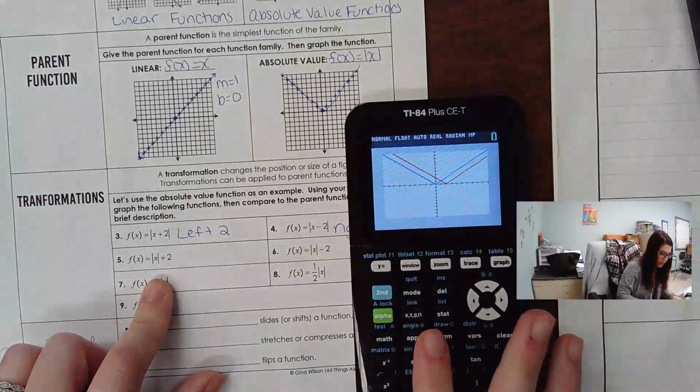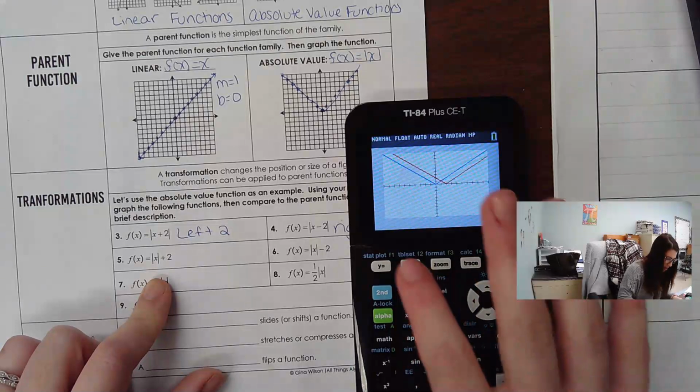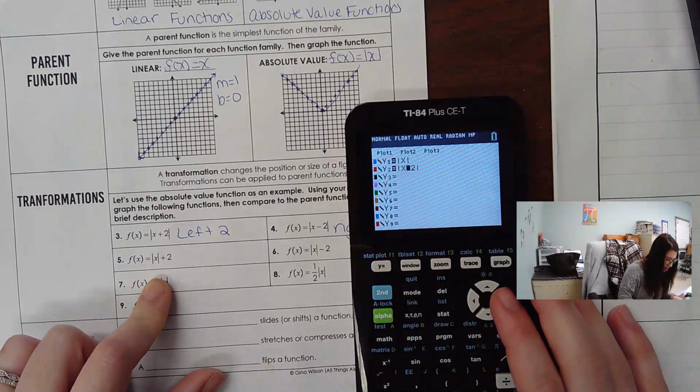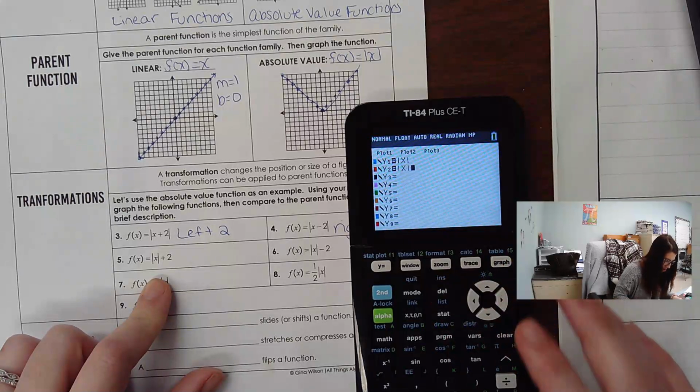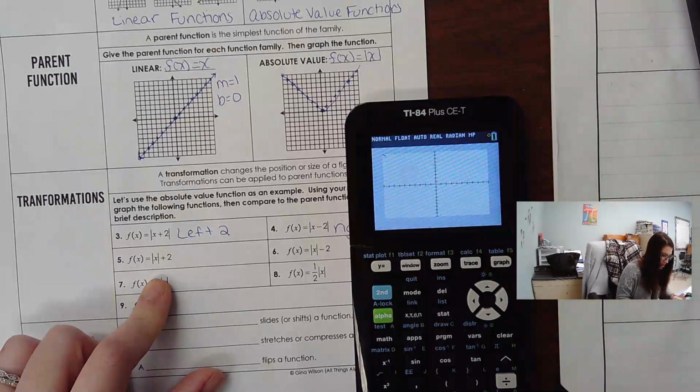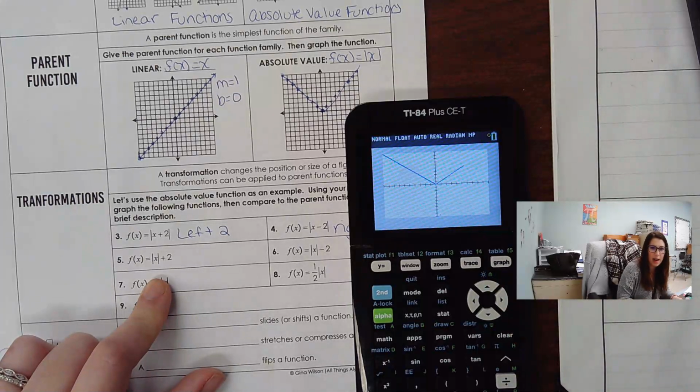So now let's try absolute value of x. And then we're going to change this, so let's delete that, delete that. We're going to do plus 2 on the outside. Now let's see what happens. Okay, so it moves it up 2.